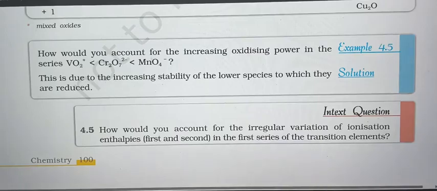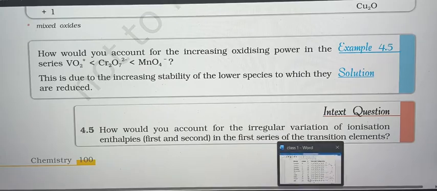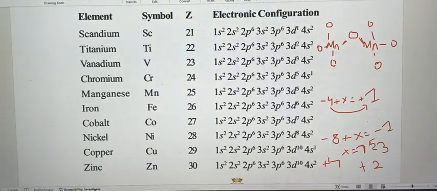So this will be firstly ready to grab the electrons. So more oxidizing power, they have given the order already. Then comparatively next is chromium. Here also, first calculate the oxidation state. 7 is there for oxygen, whose oxidation state is -2, so 7 into -2 is -14, but 2 chromiums are there, so you have to put 2x.